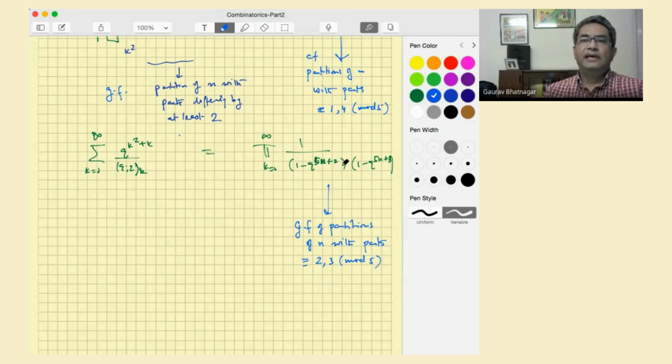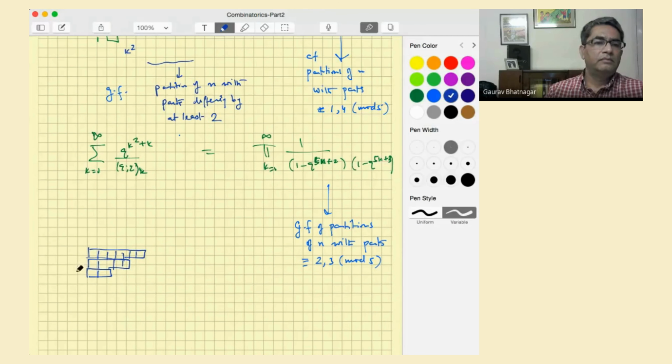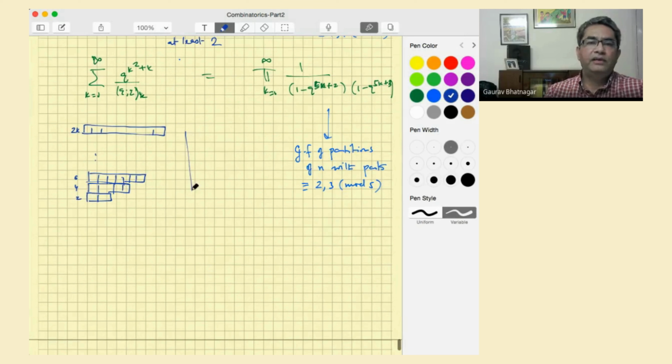Yeah. And for this one, instead of doing 1 plus 3, we now do 2 plus 4, so 2 plus 4 plus 6 up till 2k. And then you stick a partition with less than or equal to k parts to this. So partition of n minus k square, and this is k square plus k.